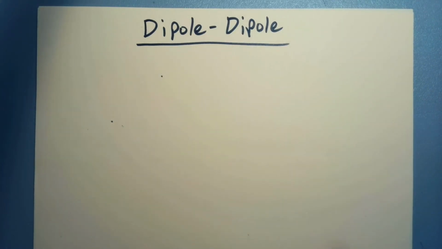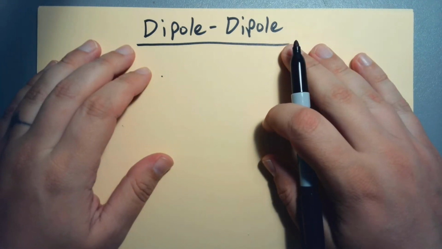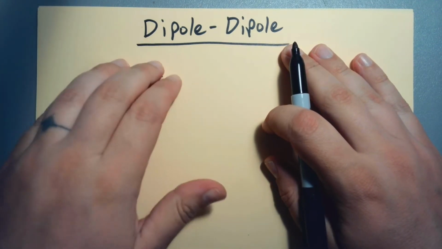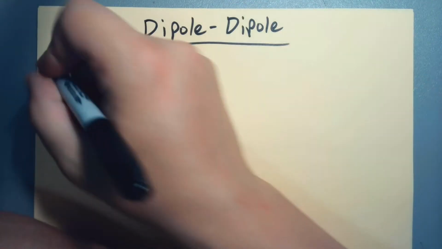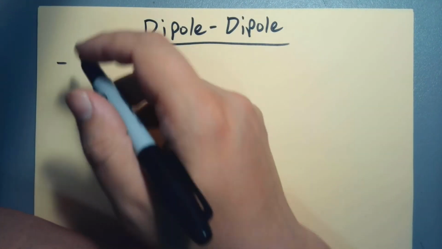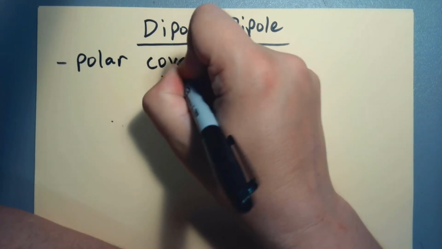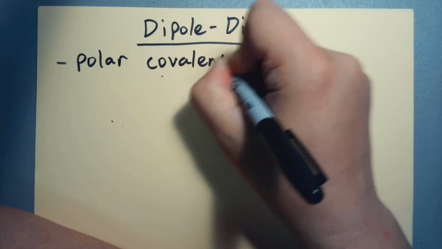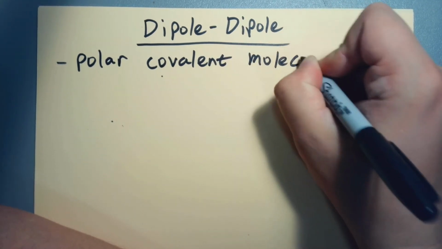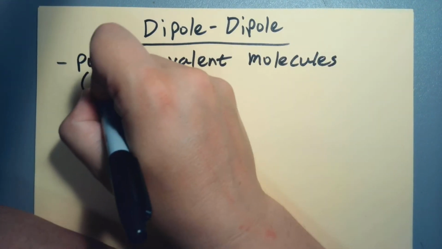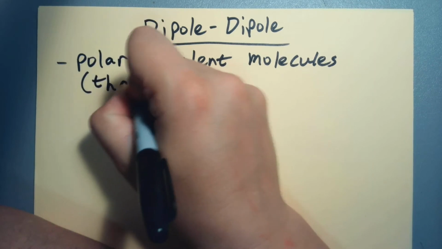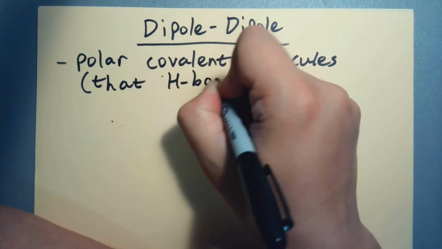Okay, so now we're going to talk about attractive forces with dipole-dipole, or specifically the dipole-dipole attractive force, I should say. This is going to be the primary attractive force for polar covalent molecules that don't hydrogen bond, because hydrogen bonding is stronger.